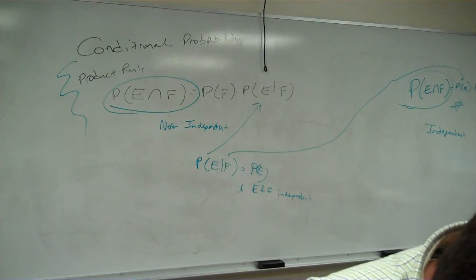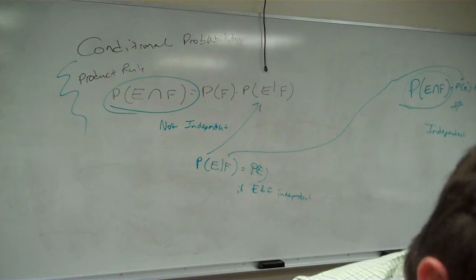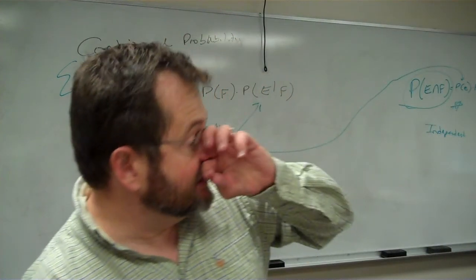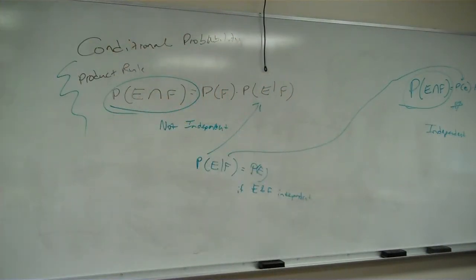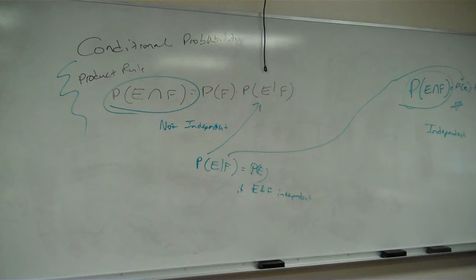Two cards are drawn from a standard deck, one after another with no replacement. The words "with no replacement" are important because that means the second card depends somewhat on what the first card was. I can't draw the ace of spades twice. Probability of ace of spades the first time I draw is 1 over 52, but the second time I draw, it's going to depend on whether I got the ace of spades the first time or not.